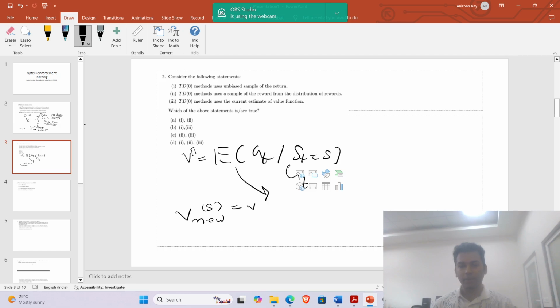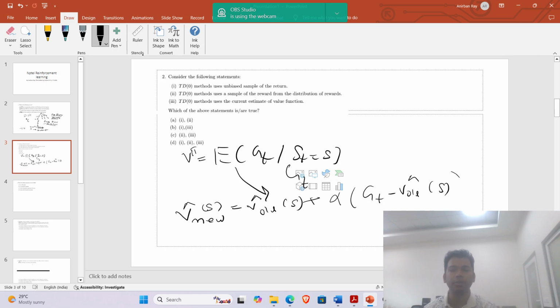So v new I define as v old at state S, plus alpha times GT minus v old of S.